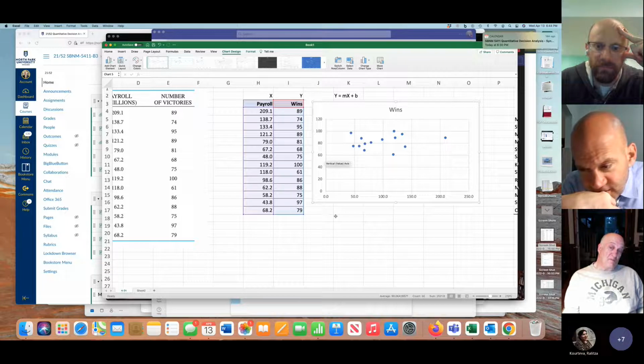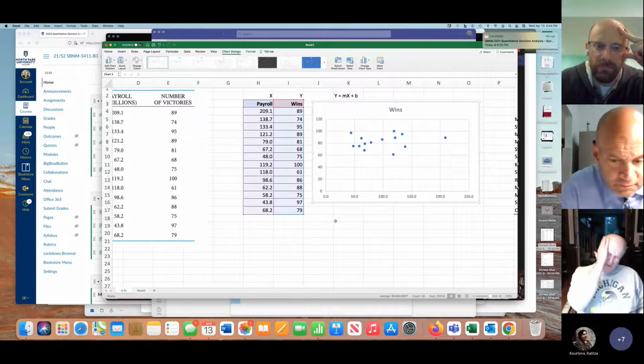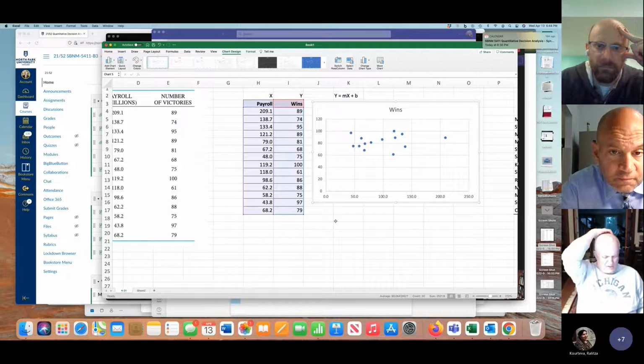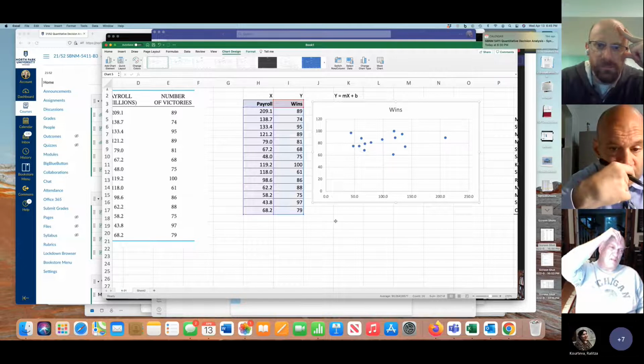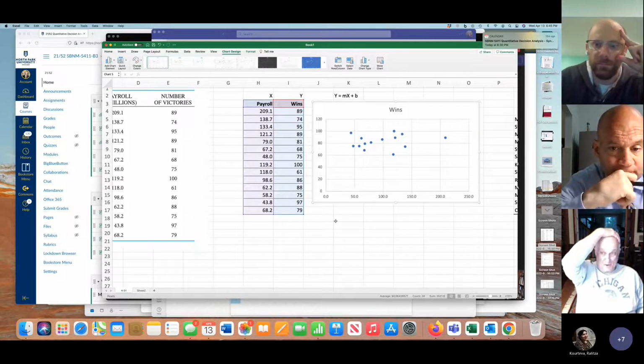First of all, when I have two variables, one X variable and one Y variable, that's called simple linear regression, SLR. One X variable, one Y variable. When I have multiple linear regression, I can have many X variables.